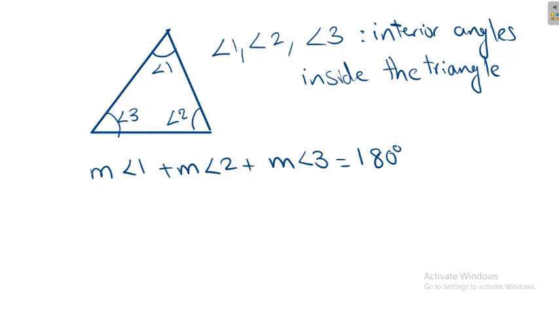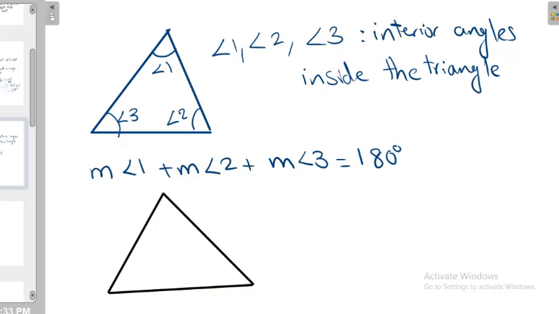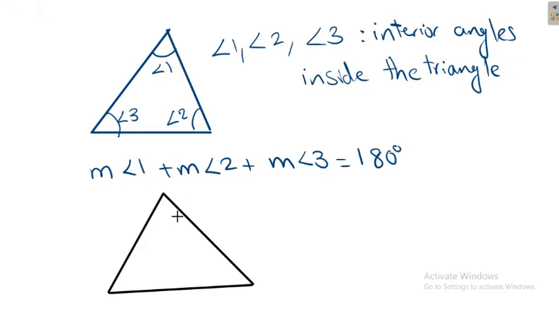So if we have a triangle like this, and this angle is 50 and this angle is 60, we need to know the measure of angle 1.